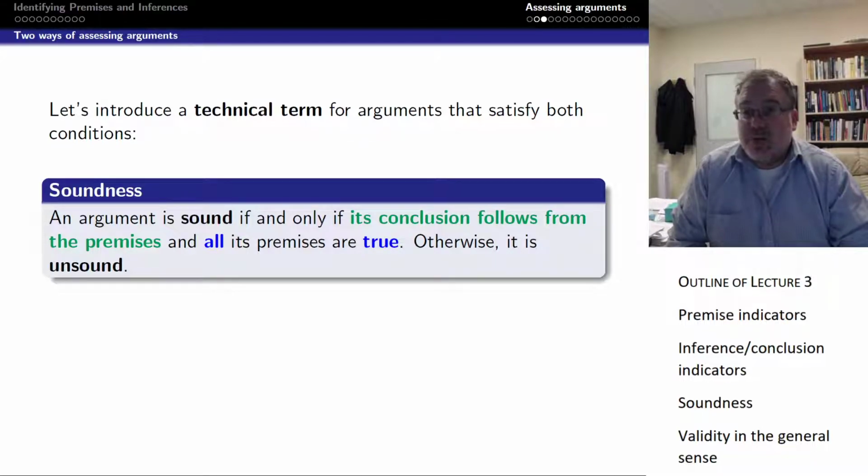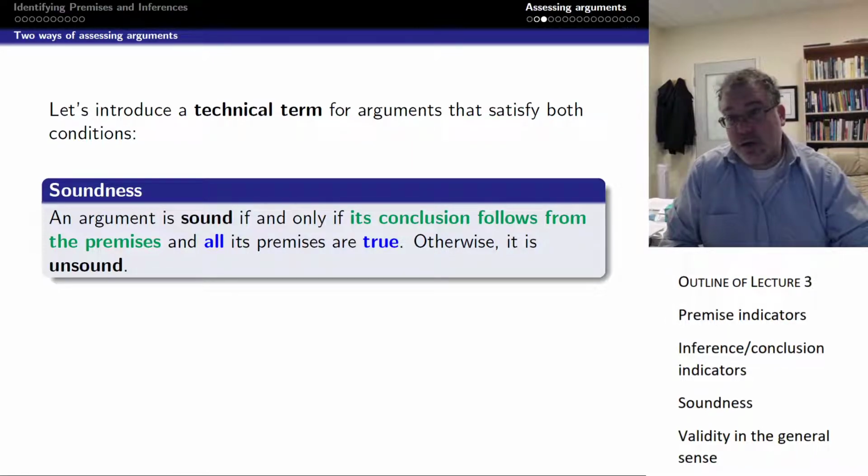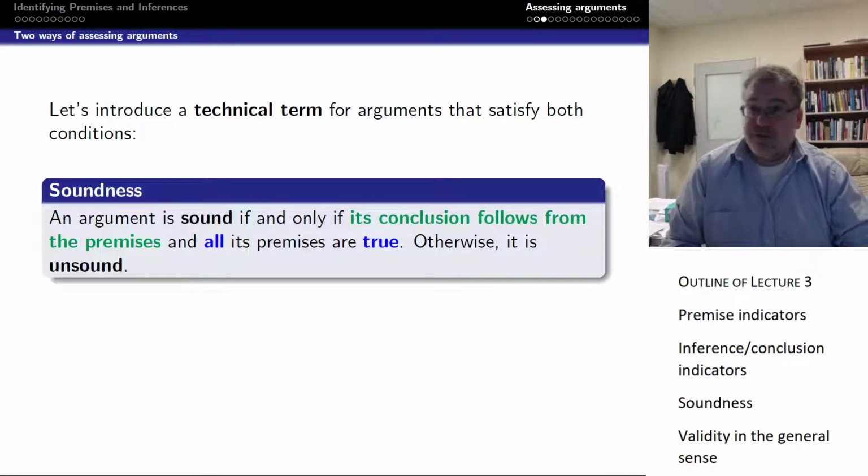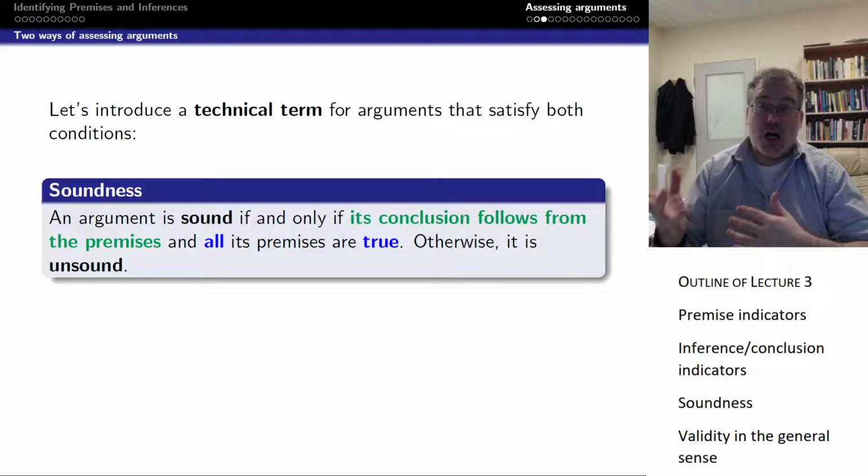And when an argument passes both tests, it's going to be called sound. So a sound argument is an argument whose conclusion follows from the premises, and furthermore, all the premises are true. And when an argument is not sound, then it's called unsound.